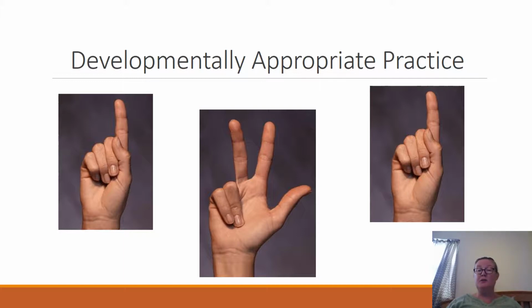In addition, you were assigned the NAEYC handout called The Core of DAP, and that is a handout that you received last week so that you could read it prior to today's class. I will also attach it to the email that is sent out with this link.